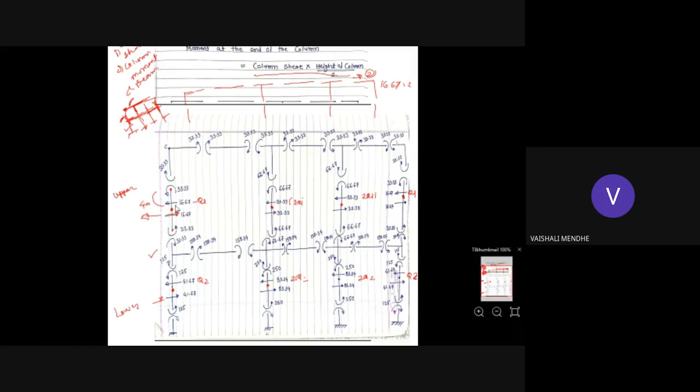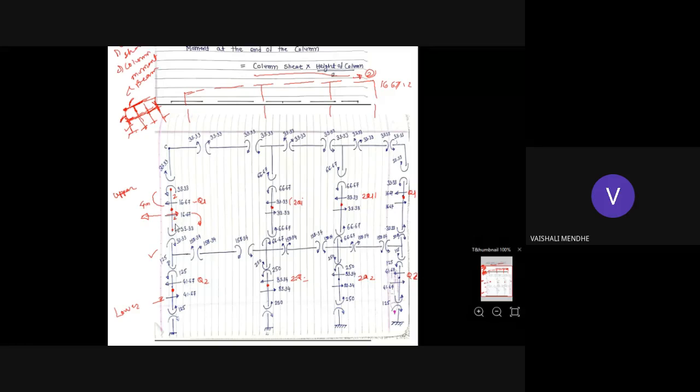So this 16.67 into this height: the total height of the column is 4, but up to this point of contraflexion it is 2. So 16.67 into 2 you'll get 33.33. This is in the clockwise direction. So the moment that comes at the end will be in the anti-clockwise direction. Similarly, from here 16.67 into 2, this is in the clockwise direction.